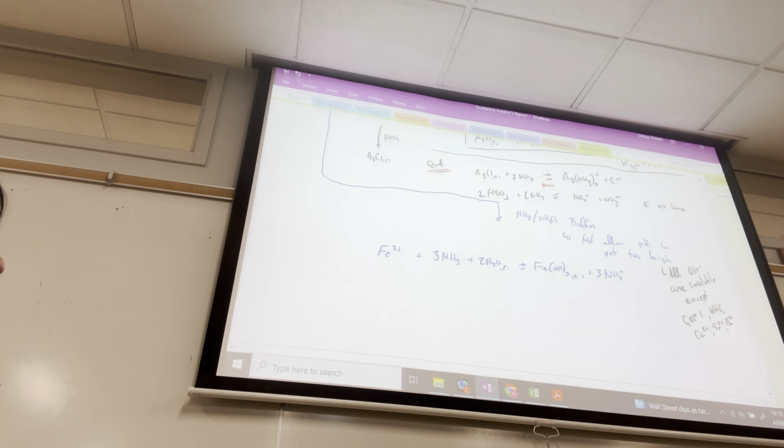So iron 3 hydroxide is going to precipitate out. Aluminum will precipitate out. Should be 3 waters.